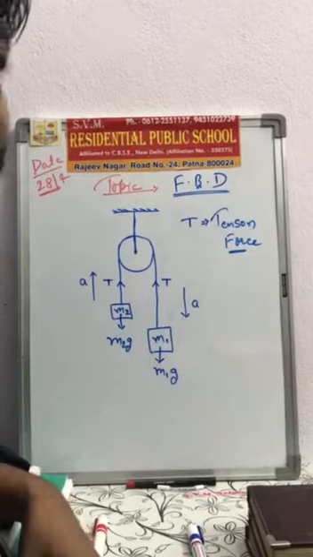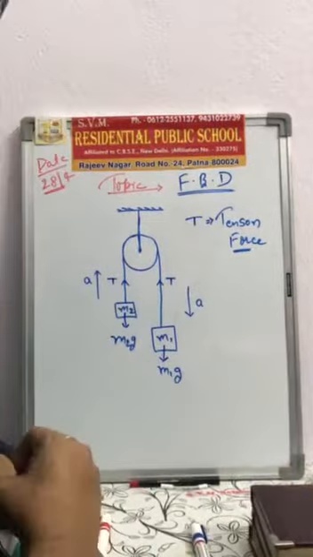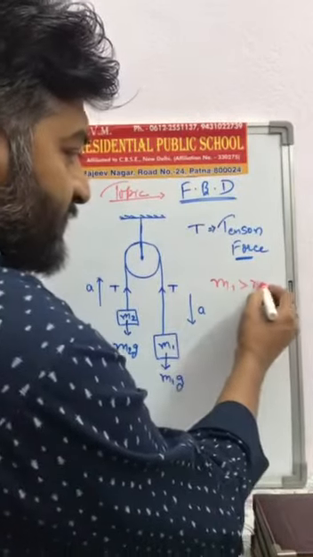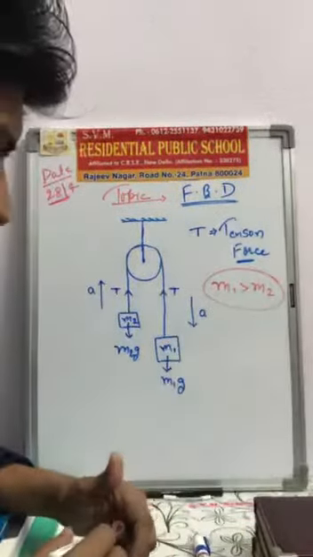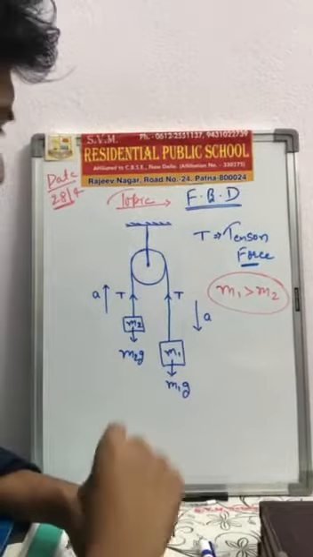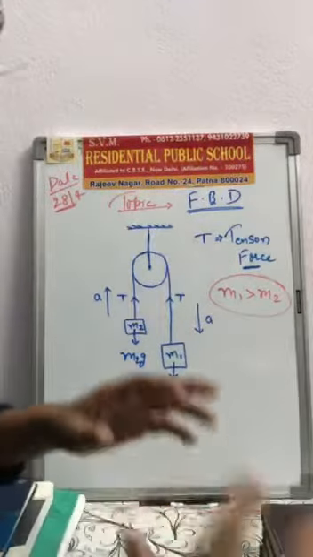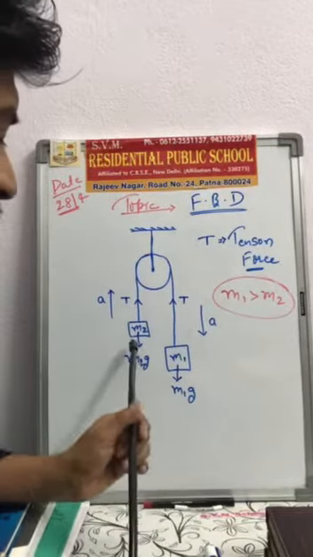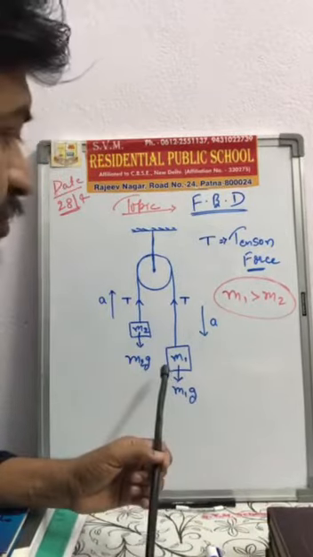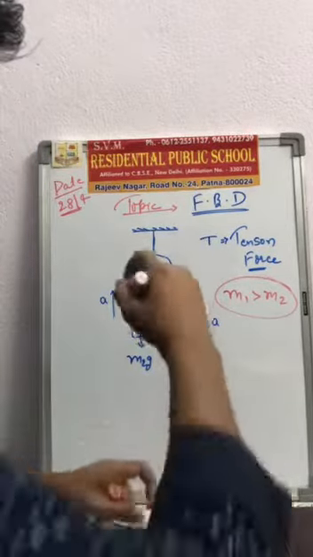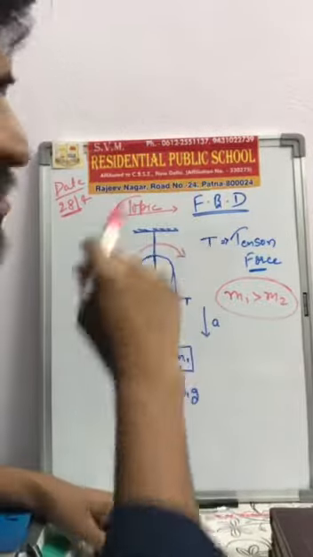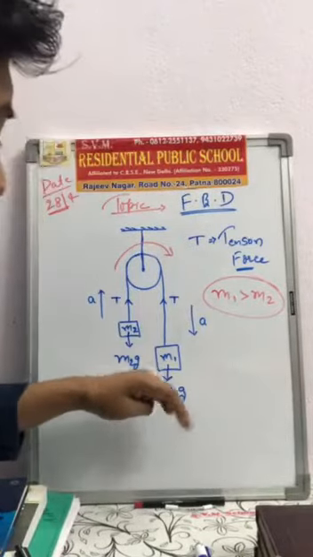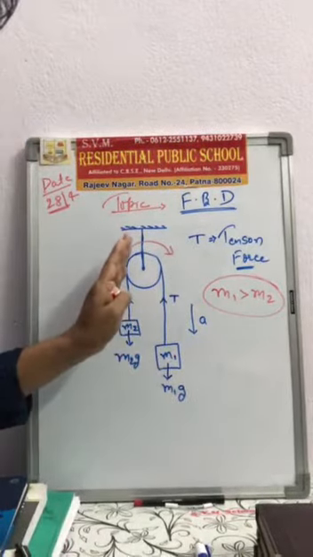Now here we apply the unbalanced condition of the body. If M1 is greater than M2, then M1G is heavier than M2G. So the wheel rotates in this direction, and M1 moves in the downward direction and M2 moves in the upward direction.